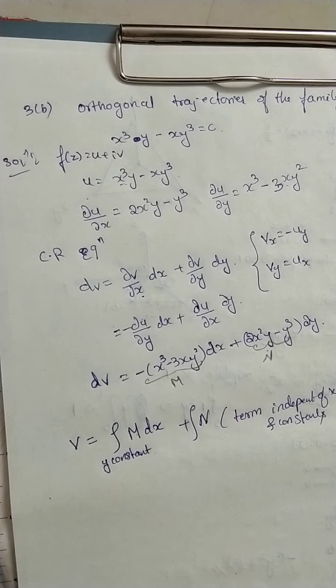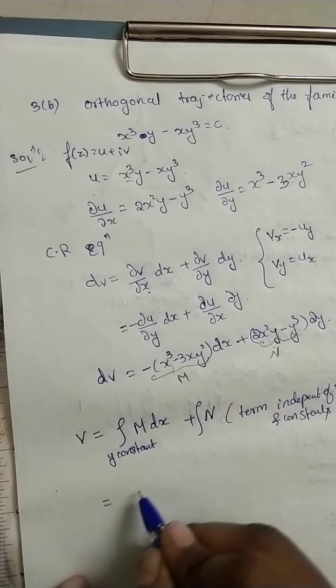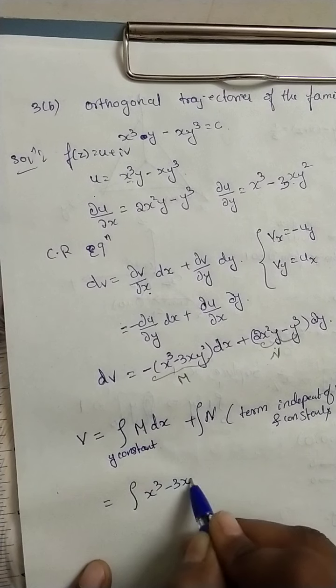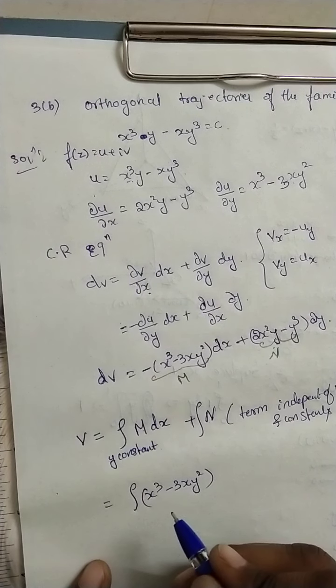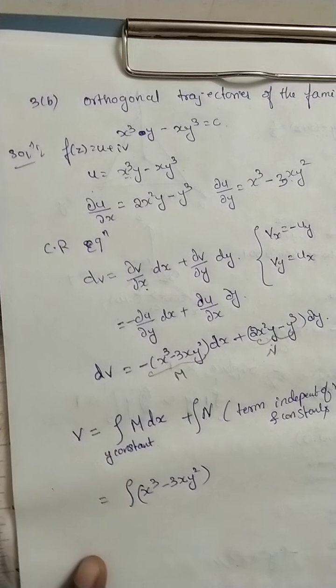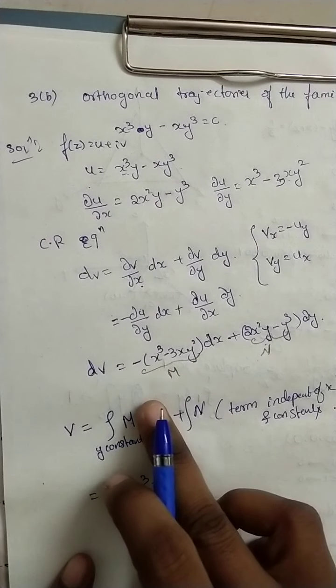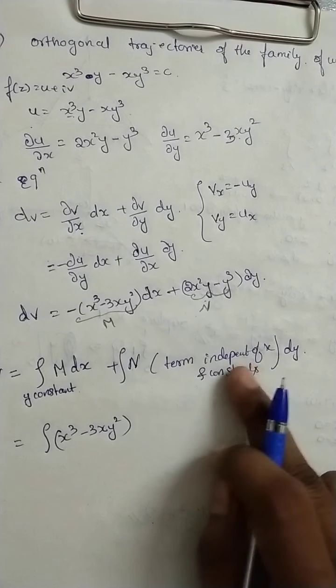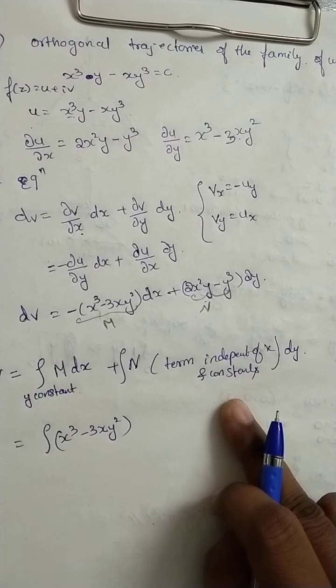So first m we will write as it is. So integration of x cube minus 3xy square. Okay, so this is our m, and in n we have to choose those terms which are independent of x and constants.